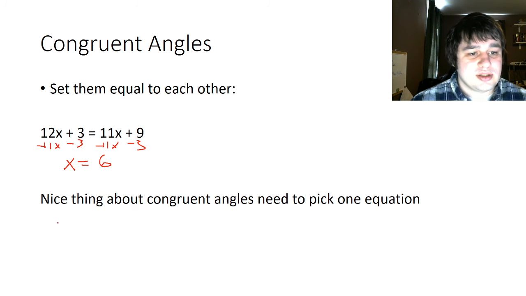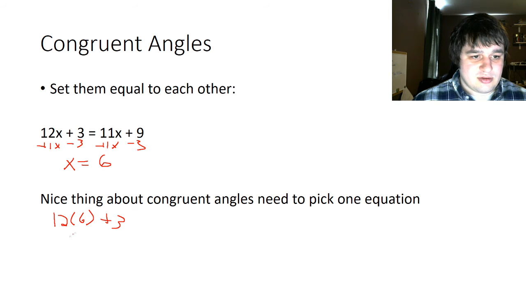All right. Now we can check if this is right. So we do 12 times 6 plus 3. And I'm also going to be nice and do the other one, 11 times 6 plus 9.